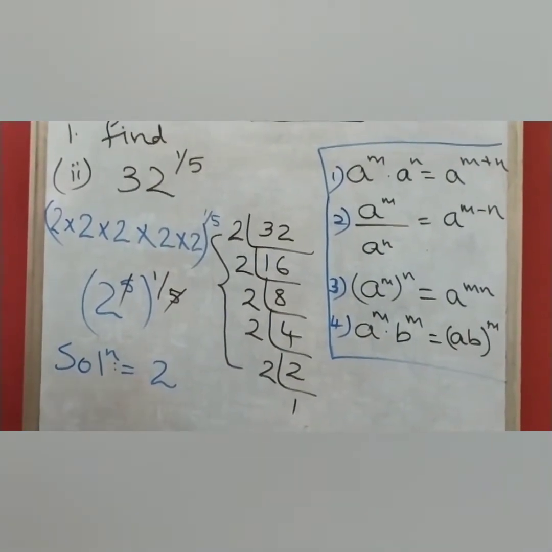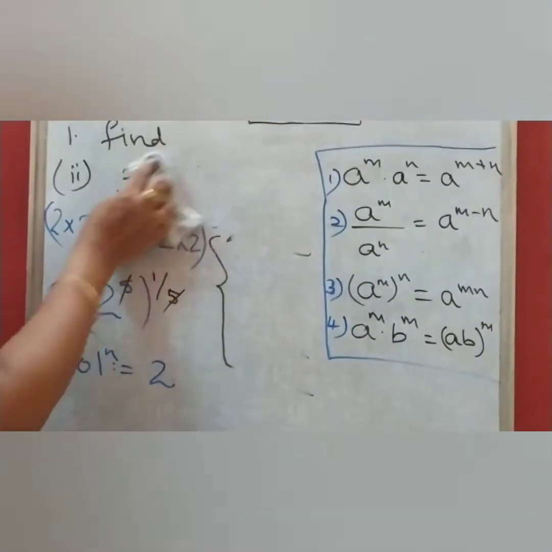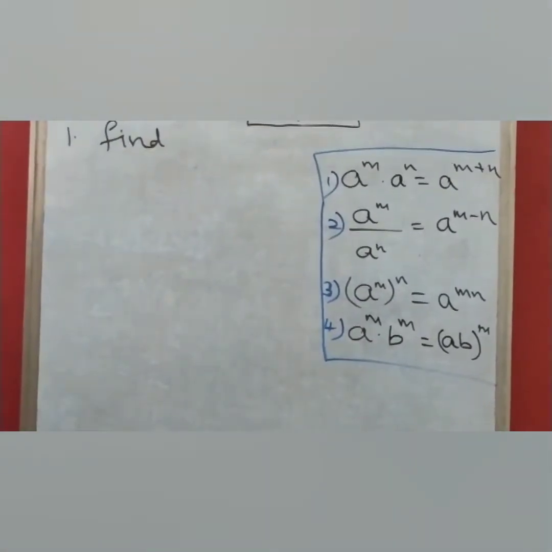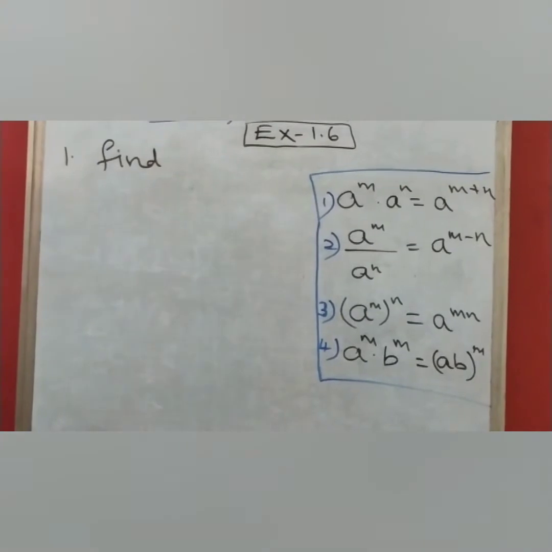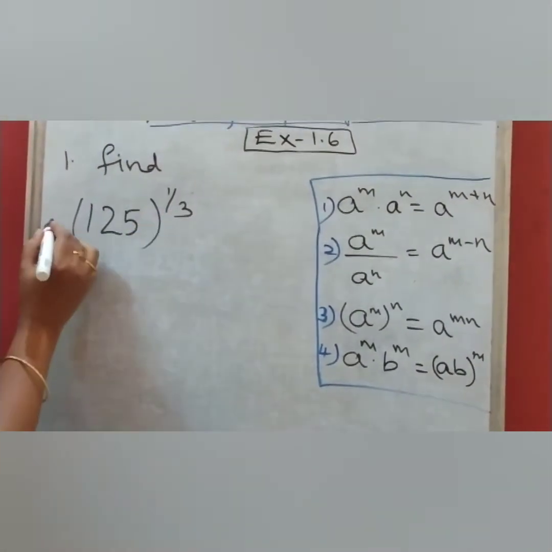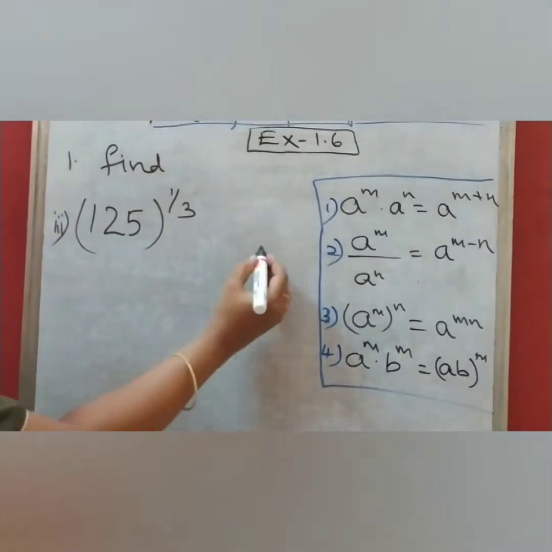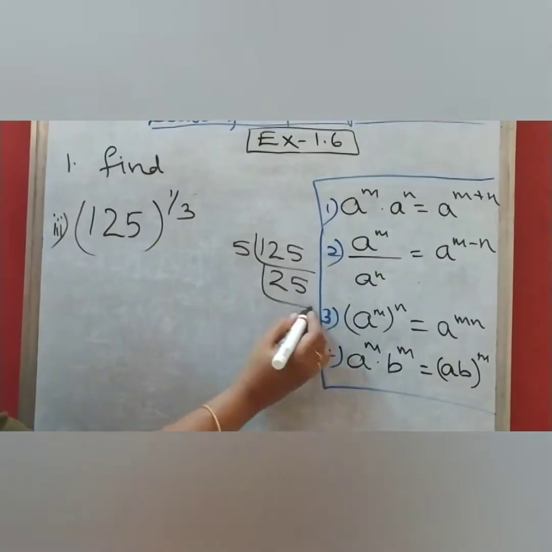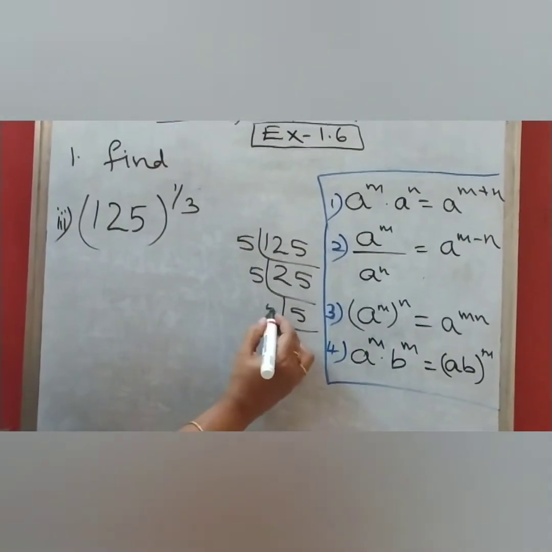Let's move on. Let us do the third problem. Third problem says 125 to the power of 1 by 3. So how do you simplify? You can do the same thing, children. 5 2s are 10, 5 5s are 25, 5 5s are 25, 5 1s are 5.